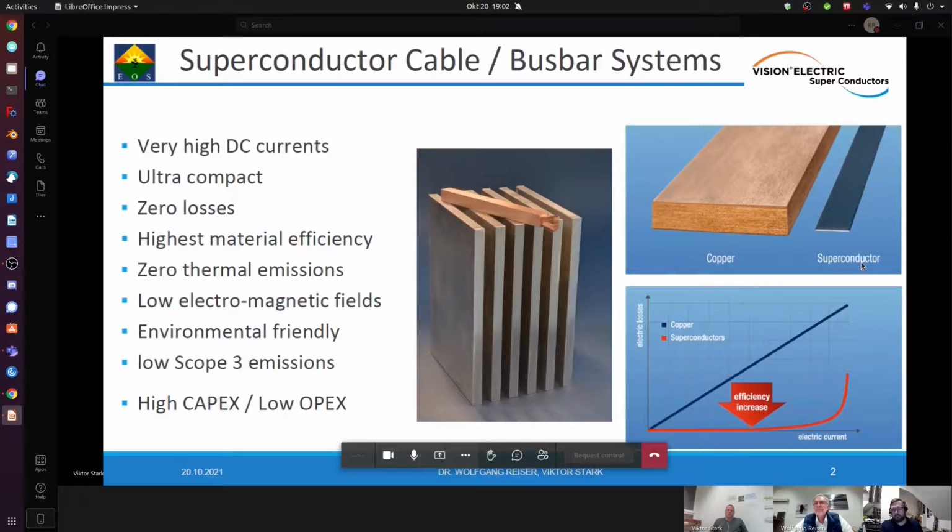The second, also very important benefit is that superconductors do not have any electrical losses with DC. Therefore, it is much more efficient than normal systems, and the higher the power consumption of a data center is, the more efficient the superconductor becomes.